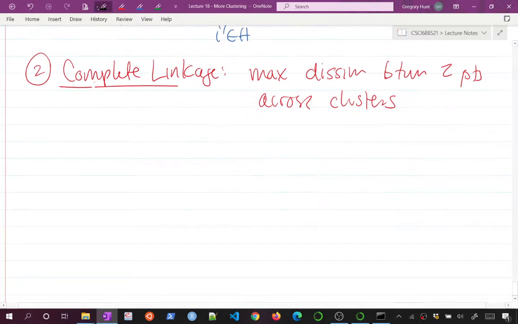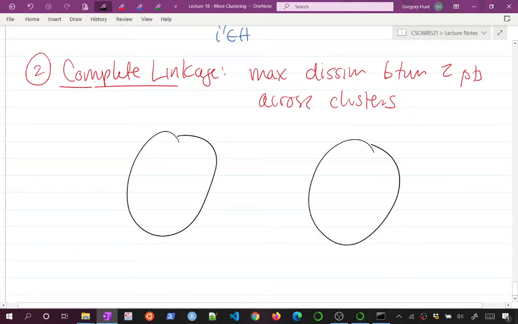If I have my two clusters, something like this, I look at all the pairwise distances, and maybe this point is far away from this point, and so this distance here is called the complete linkage distance, or dissimilarity.